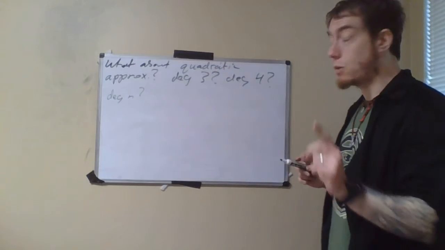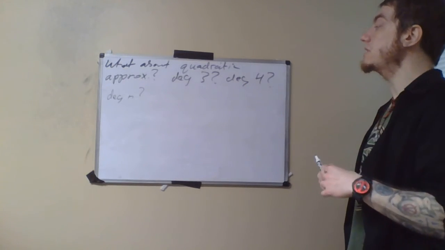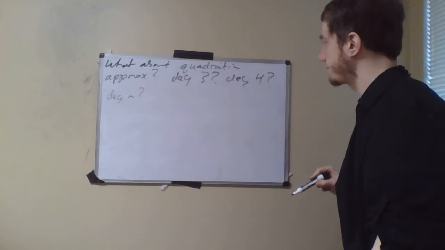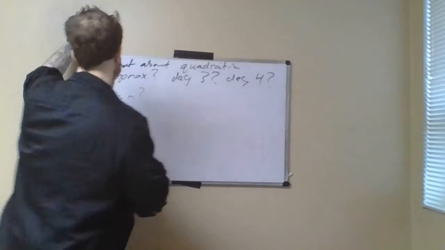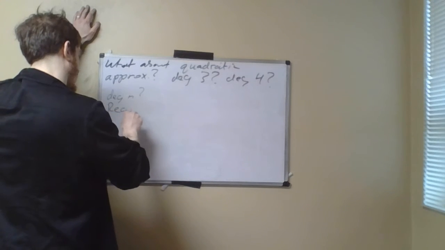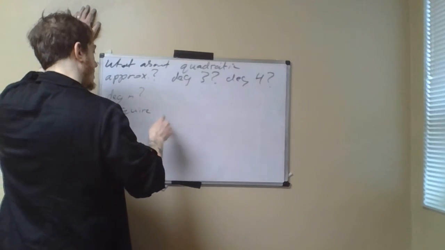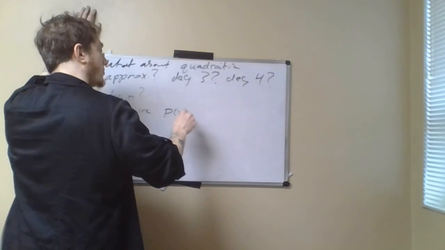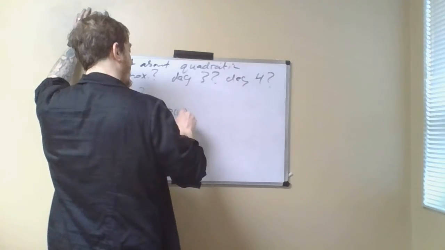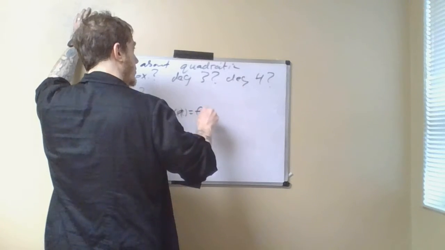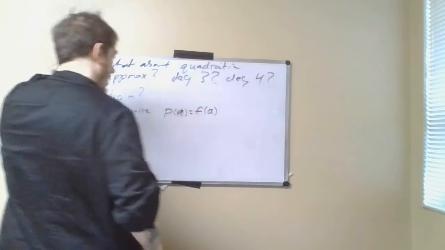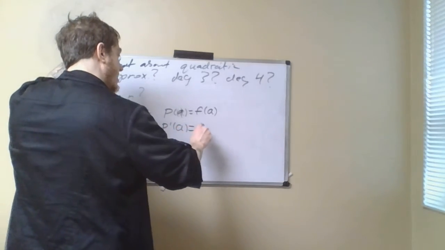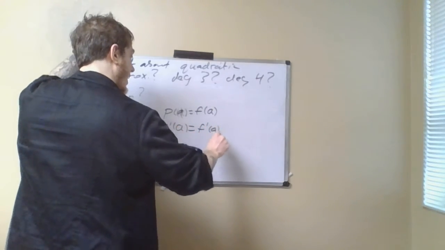And when you do this, you're going to end up saying, well, the best approximation I can do is we require that our approximation, which I will call P of x, satisfies P of a equals our function at a. We require that P prime evaluated at a needs to be equal to f prime of a.